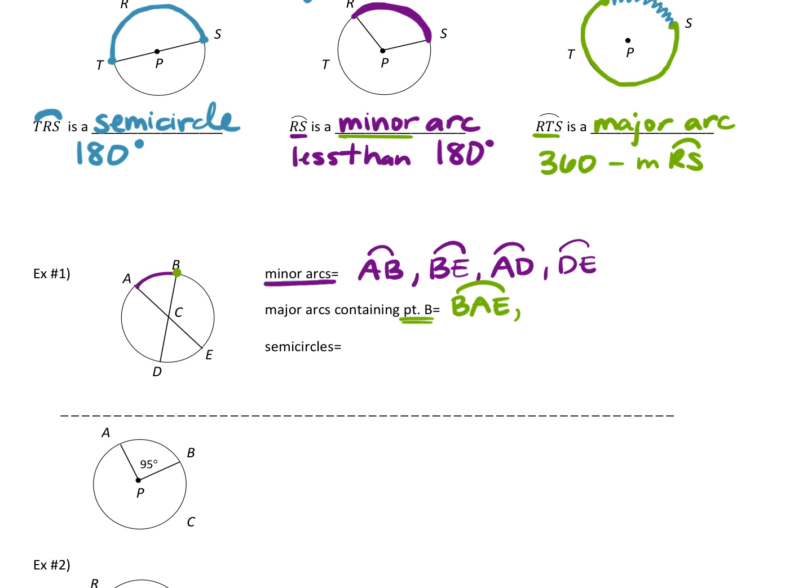What if I start at B and I go the other direction? Go this way. B, BEA. Okay. Now let's make B part of the arc, but not the start or finish. So let's start at D. DBA would be this one, right?